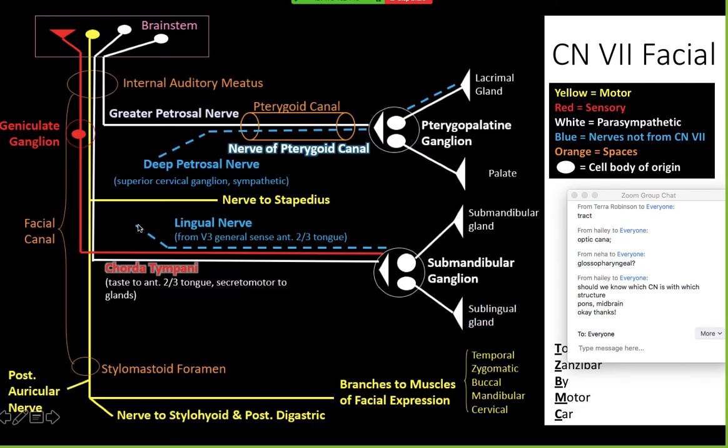This is just the lingual nerve from V3 hitching a ride on branches of the facial nerve to get to the tongue to provide general sensation to the anterior 2/3 of the tongue. Don't quote me on this, but I believe chorda tympani is just referring to the sensory itself, and then the parasympathetics are basically hitching a ride with the chorda tympani.